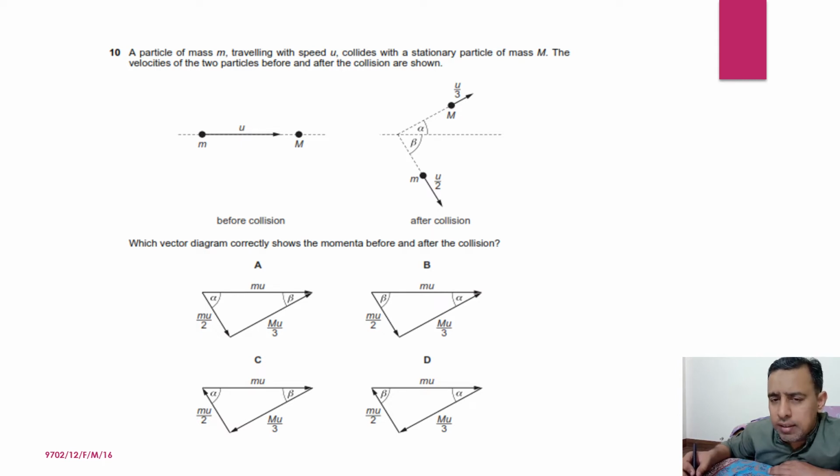Question number 10 is related with the vectors, and to get some more understanding of the vectors you can see the other video, the vector addition. Anyhow, here we have, say, this is the momentum vector, this is another momentum vector. By the head to tail rule, we have to join the head of the first vector with the tail of the second.